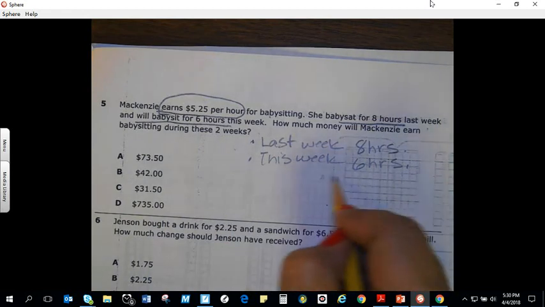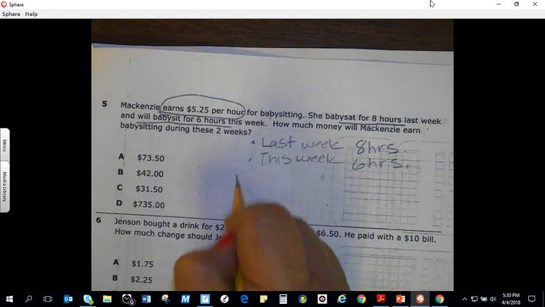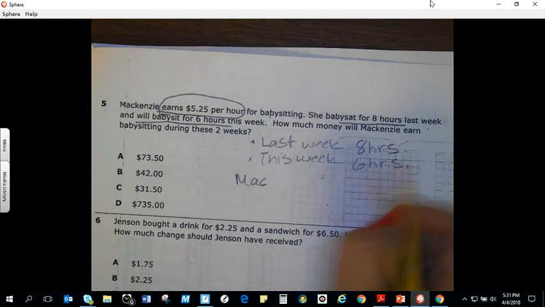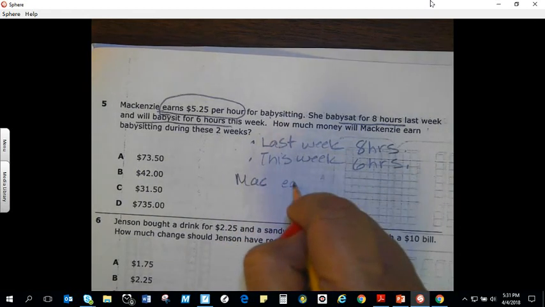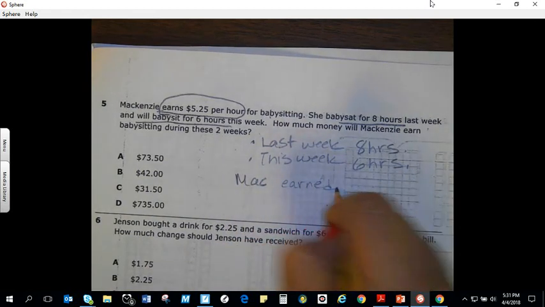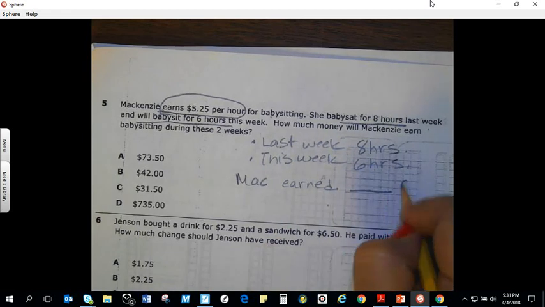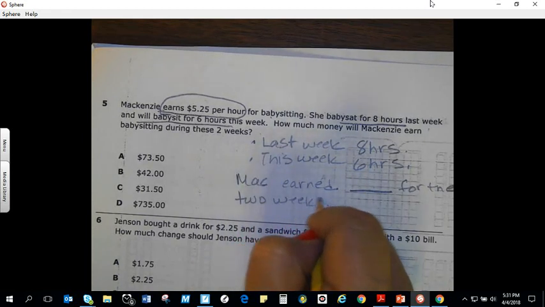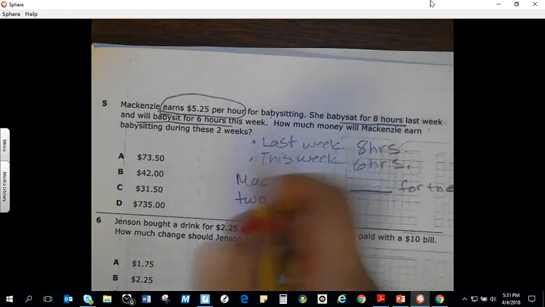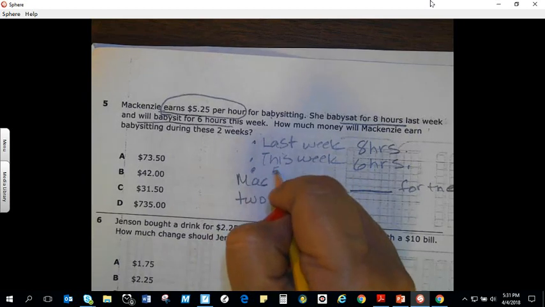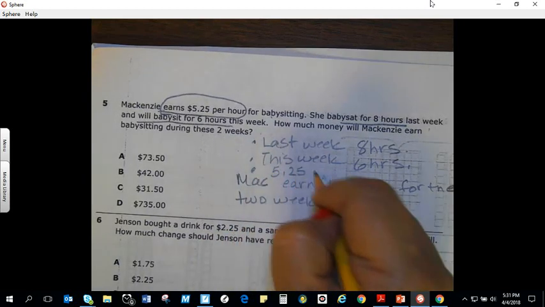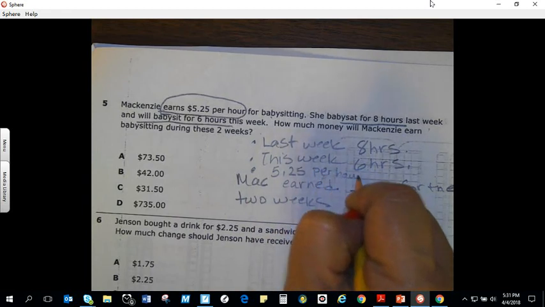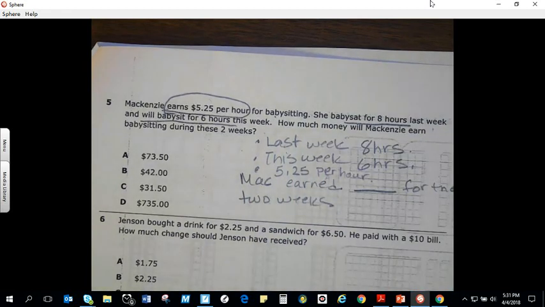So I'm going to put Mackenzie earned blank for the 2 weeks. Okay? So now I need to know, and this is how much she makes per hour, $5.25 per hour. Okay?